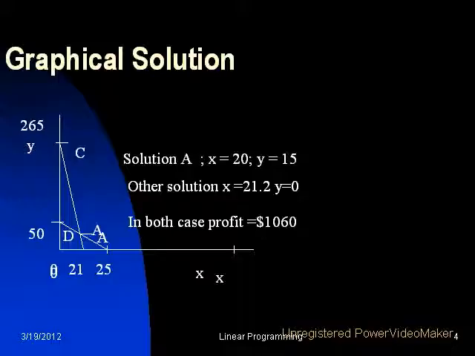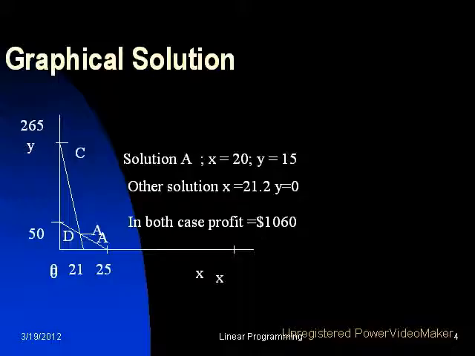The optimal solution is obtained at the point where the two lines C and D intersect, and also where the two lines intersect at the x and y axis.